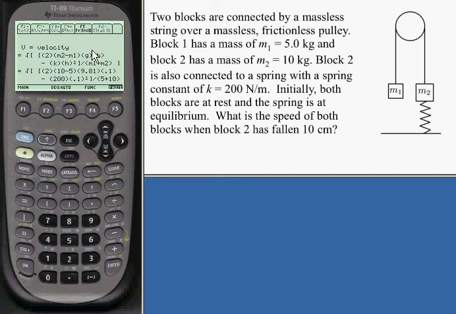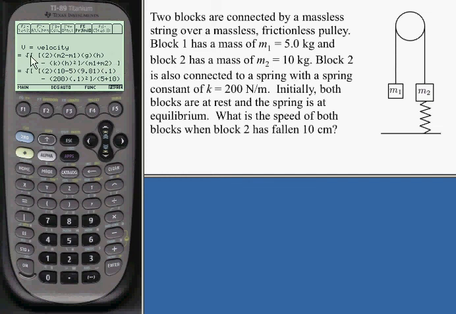Now we get into the formula. The first thing you do is write down the formula in your test. Formula is the square root of this quantity, 2 times (M2 minus M1) times g, which is 9.81, times the height, minus the constant times the height squared, and then divided by M1 plus M2, that quantity, okay?